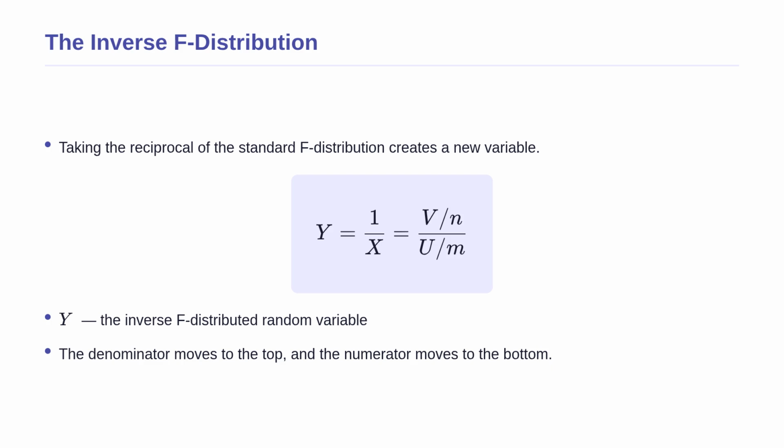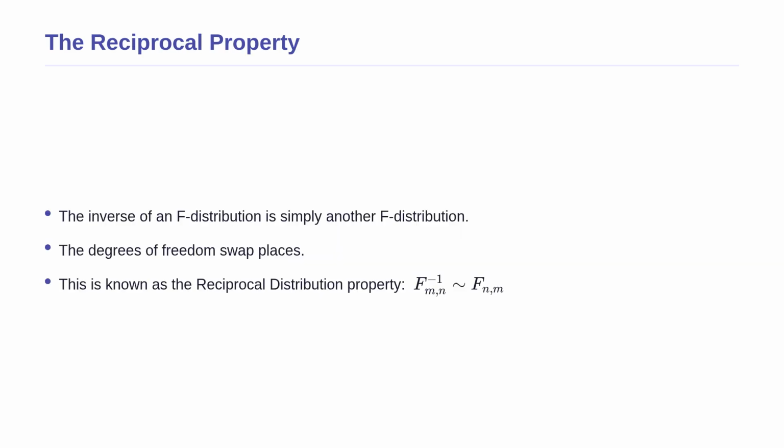It has exactly the same structure as our original definition, a chi-square variable divided by its degrees of freedom all over another chi-square variable divided by its degrees of freedom. The physical meaning remains a comparison of variances, just viewed from the opposite perspective. Because the structure of our new fraction is identical to the old one, we arrive at a powerful realization.